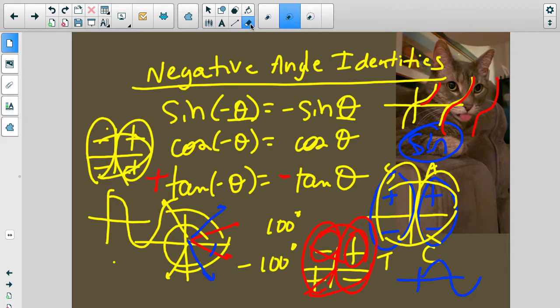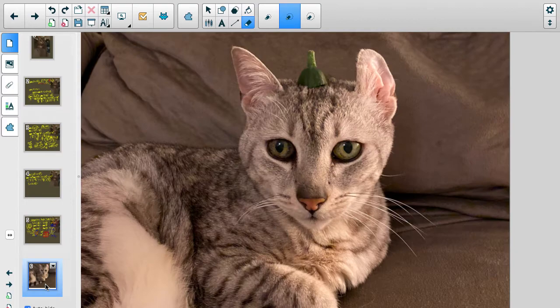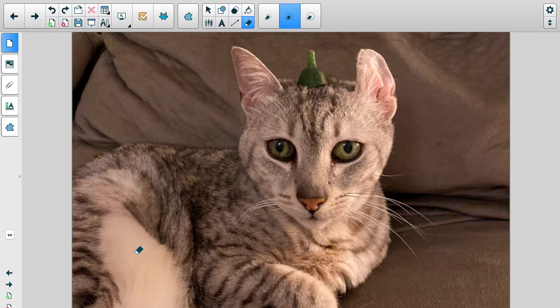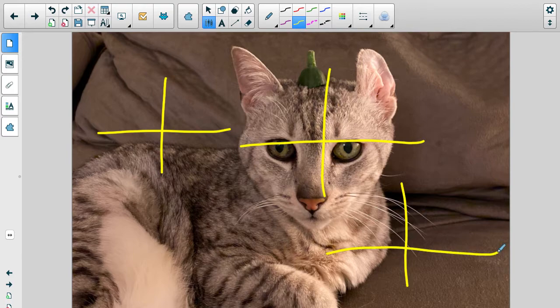One more thing that's real important here. Would y'all agree an unaltered, unshifted cosine looks like this? That is evenly distributed.